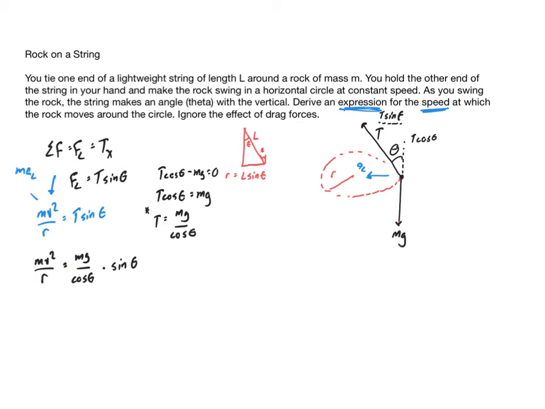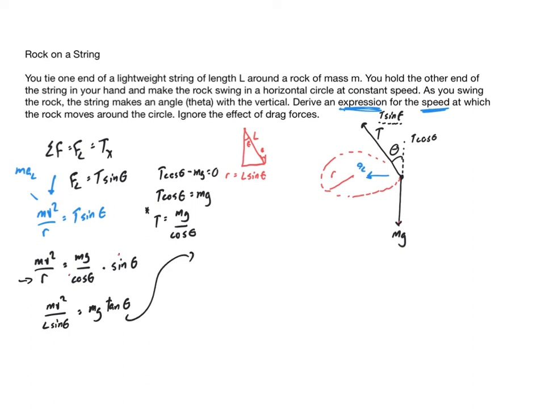So I'm going to use one more little math trick here. I'm going to call this tangent right here, these two guys, sine theta and cosine theta. And I'm going to also change my r into the L sine theta. So I have mv squared over L sine theta equals mg tangent theta.